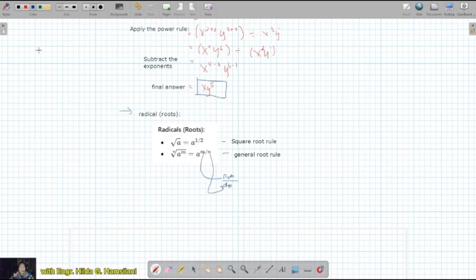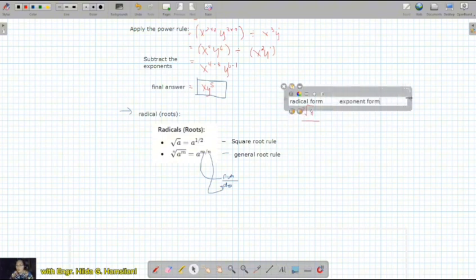So, for example, the radical form will be the cube root of 8. So, this is the radical form. And then, on the other side, we have the exponent form. So, the exponent form for this is 8 raised to 1/3.